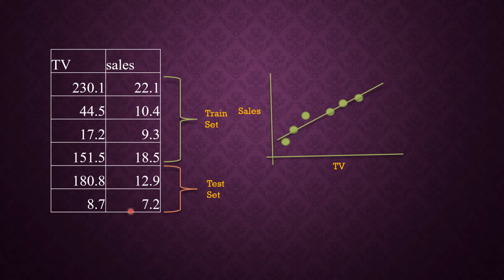Basically, this is your train test split, and your accuracy will depend upon the difference between the actual value, that is the actual sales value that you see over here, and the predicted value, because this model that we have created using the training set will give us the predicted values, and our motto is to find the difference between the two.